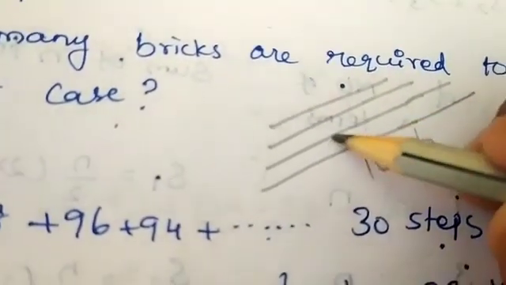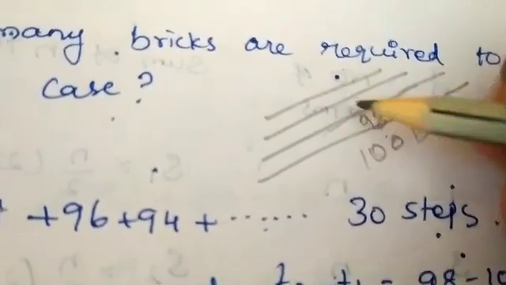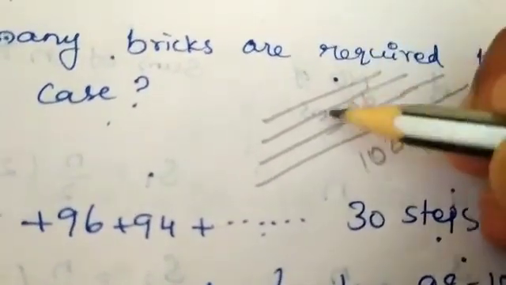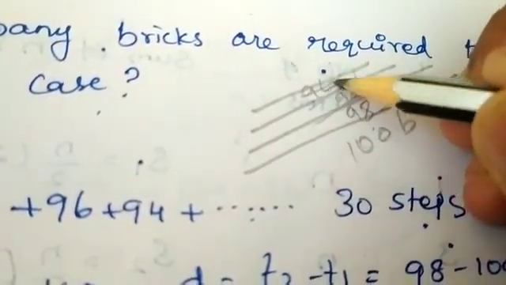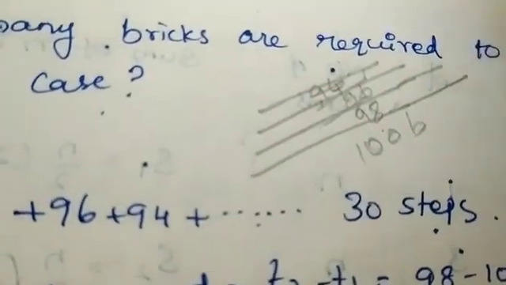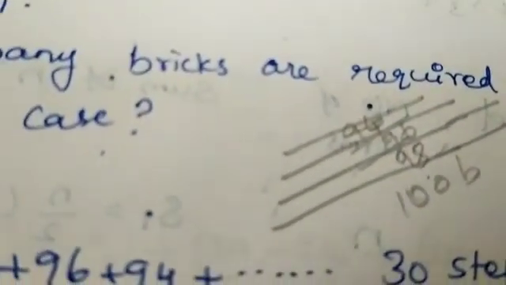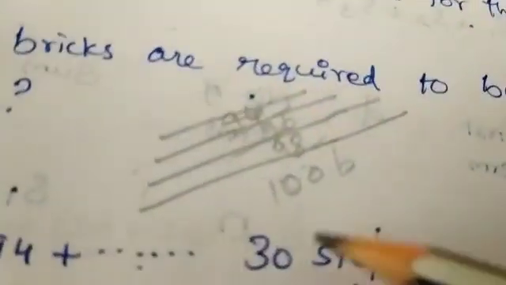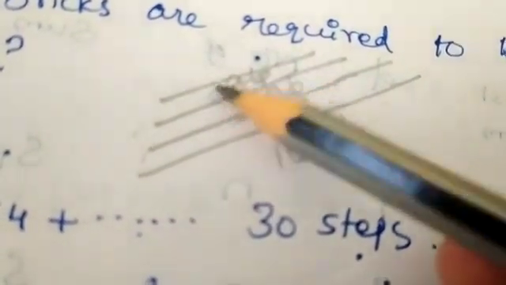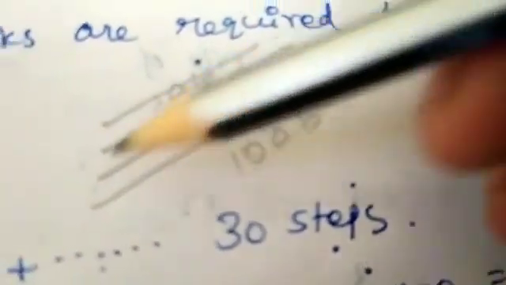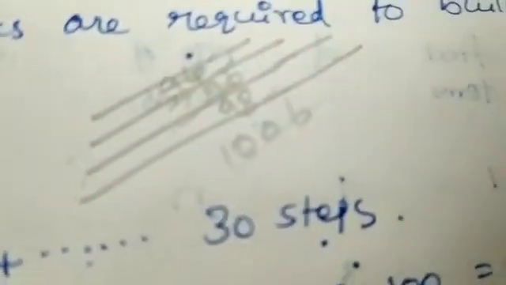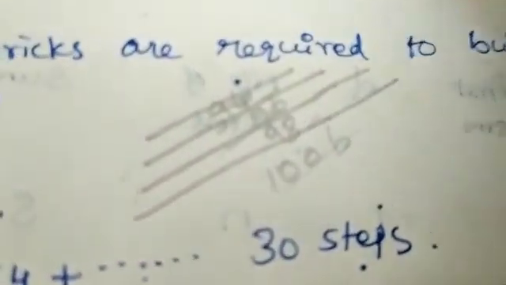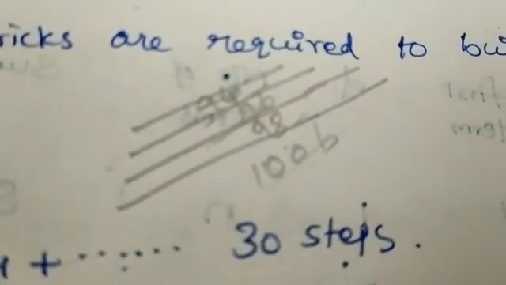Then this step will contain 98, this step will contain 96, this step will contain 94. Like that, it will go on reducing by 2 bricks. Okay, 2 bricks means this 100, 98, 96 and 94. We are going to find till 30 steps are there in the staircase. So we are going to find S30 and the topmost steps bricks.